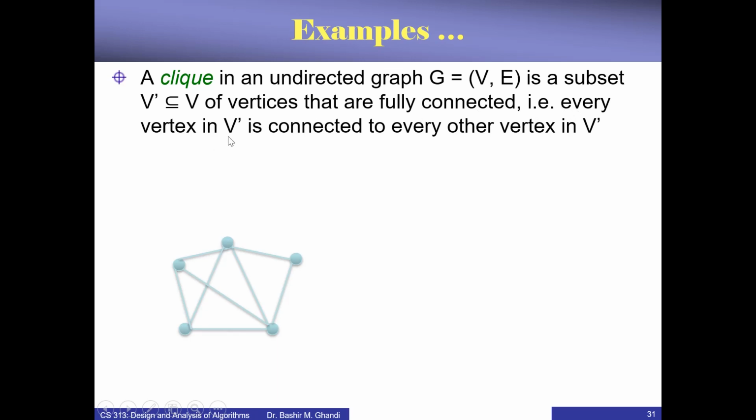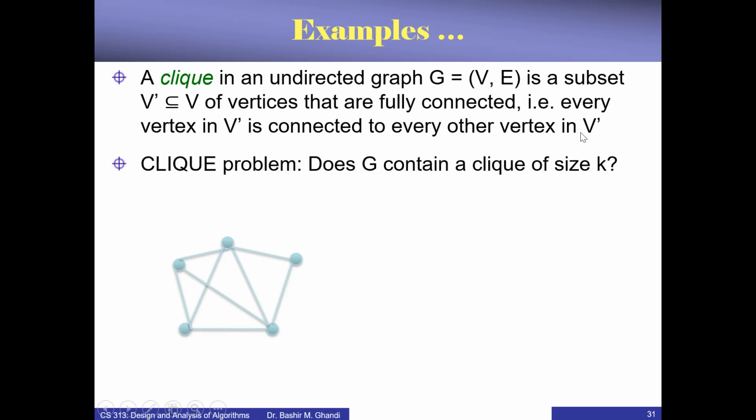Every vertex in V prime is connected to every other vertex in V prime directly. So the question is, does G contain a clique of size K, where G is a graph? This is the clique problem. If you have a graph like this, does it contain a full subgraph of size K?